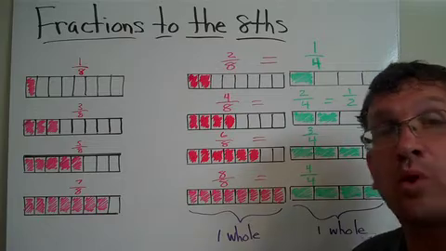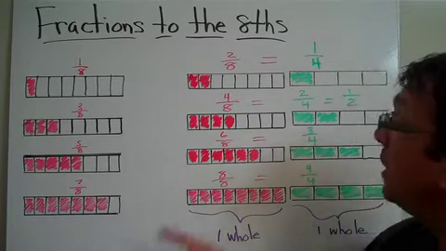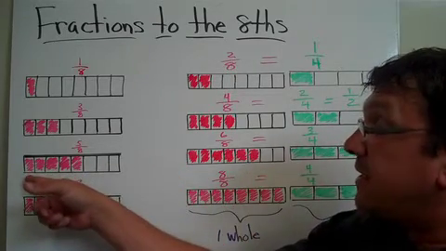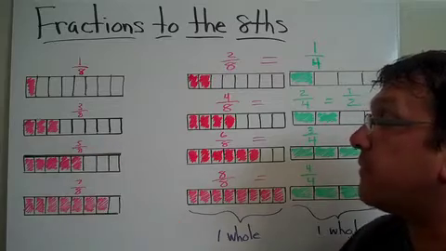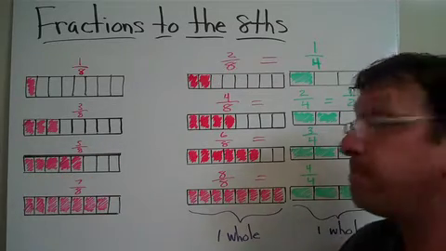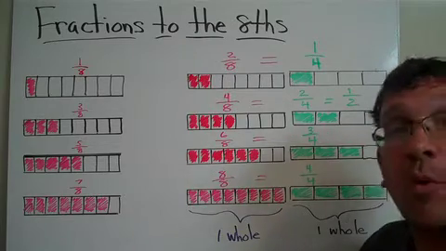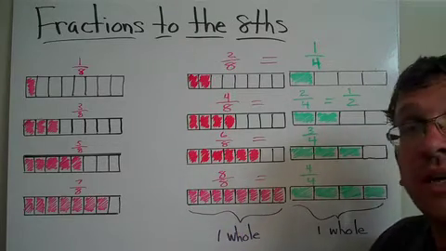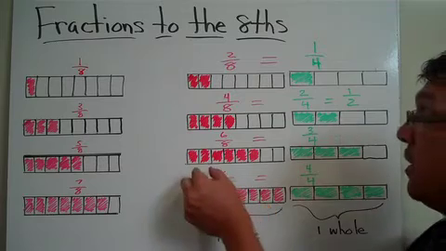And I'll bring that ruler back in a little bit and you'll be able to see that. 5/8, again, it's a fraction that can't be reduced, so we simply just call it 5/8. 6/8, however, can be reduced and broken down into bigger chunks.